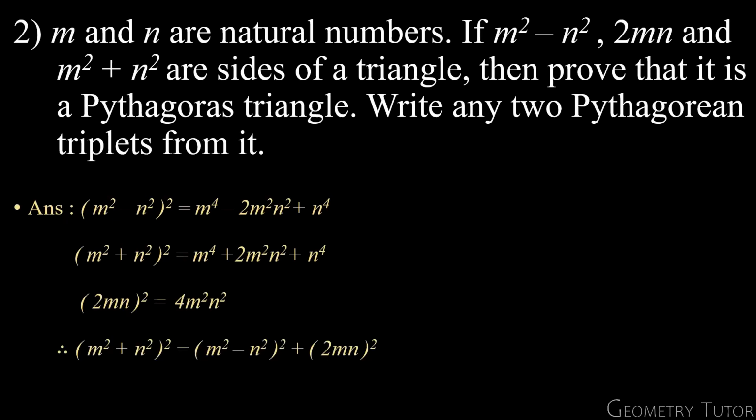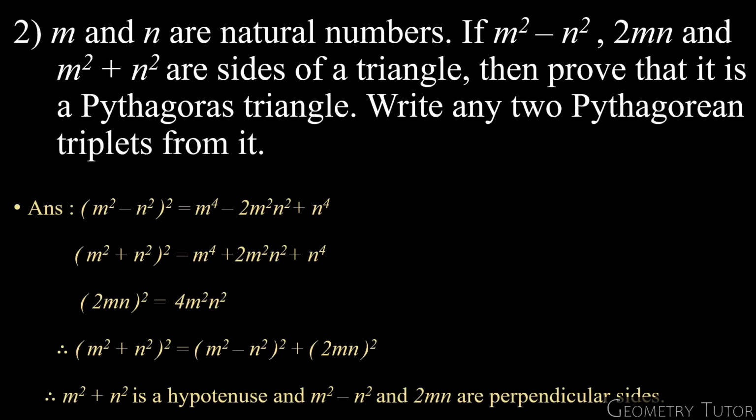So in short, m square plus n square whole bracket square is equal to m square minus n square whole bracket square plus 2mn whole bracket square. That means sum of squares of two sides is equal to square of the third side. That means m square plus n square is a hypotenuse and m square minus n square and 2mn are the perpendicular sides of a right angle triangle.